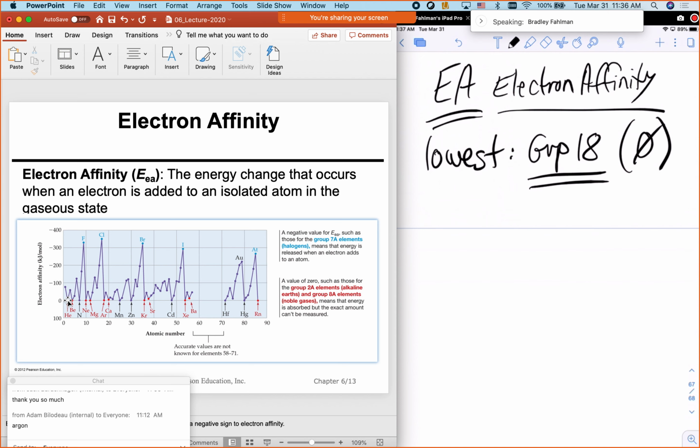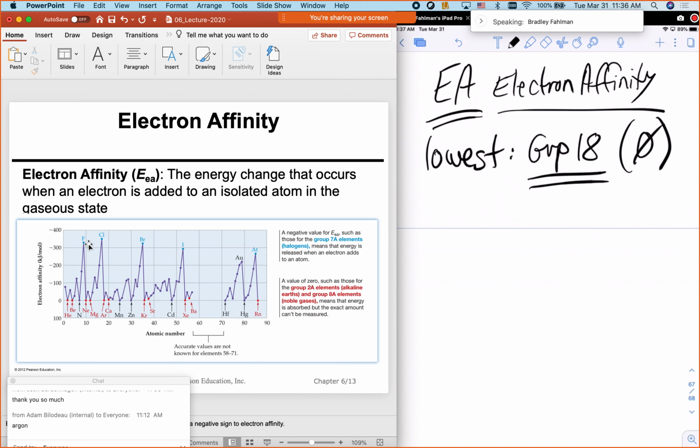Then you'll see the trend is really not so clear. It's really not as perfect, if you will, as ionization energy. But you do notice that it is going up as you move left to right.